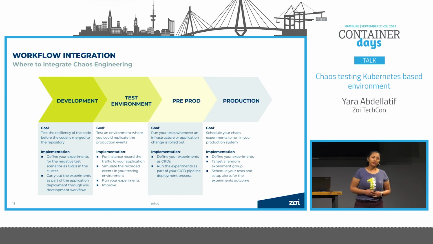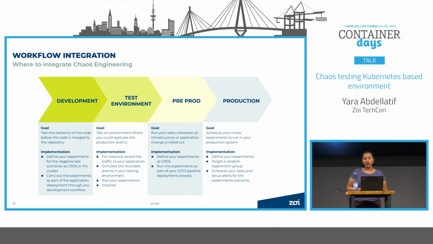For example, during your development pipeline or development deployments, you could always run some chaos tests. Most chaos testing tools provide you with an operator, which means you can also just define some custom resource definitions in your cluster and get your experiments to run as part of your pipeline.